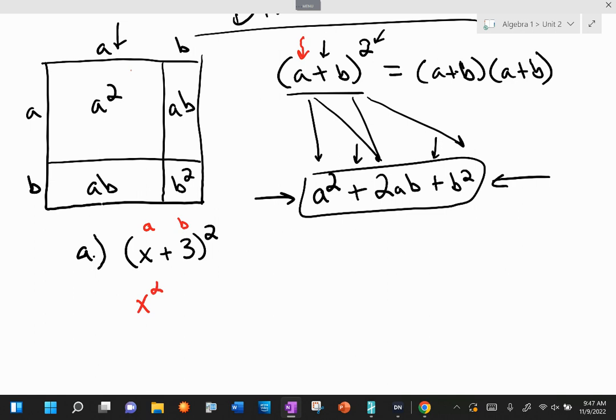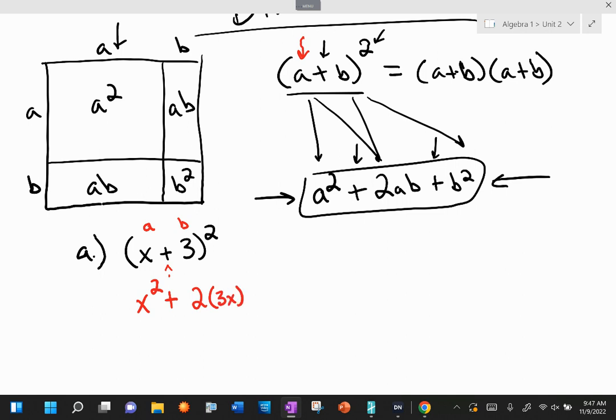So without even having to do any sort of horizontal, vertical, or FOIL, I can say, okay, this is going to be x squared plus, because I see the plus sign right there. Now, what's my a and b put together? Push them together. 3x. But what comes in front of it? A 2.